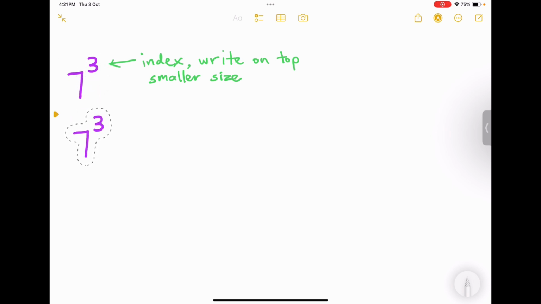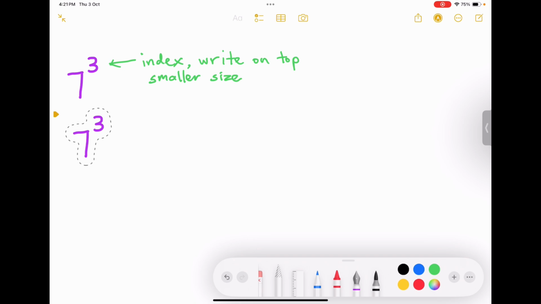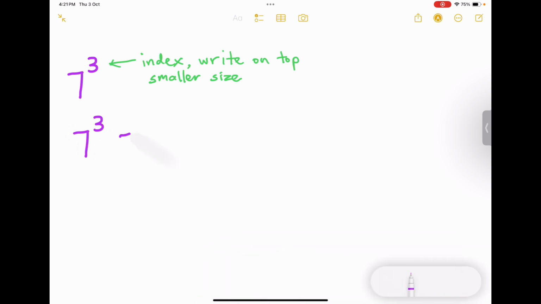Seven to the power 3 means that the number 7 will appear 3 times. 1, 2, 3.